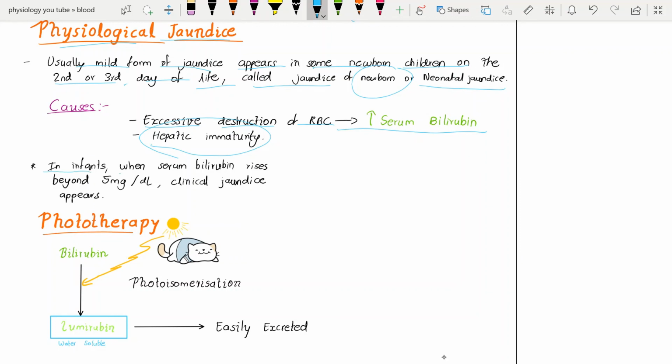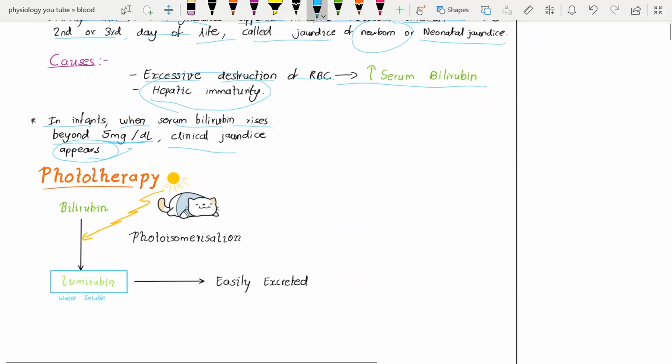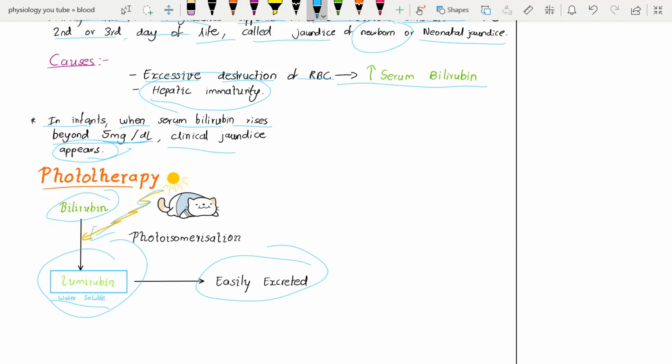In infants, when serum bilirubin rises beyond 5 mg per deciliter, then only clinical jaundice appears. To treat that, we give phototherapy. Here, bilirubin is converted to lumirubin, which is water soluble, so easily excreted and helps the baby to survive.